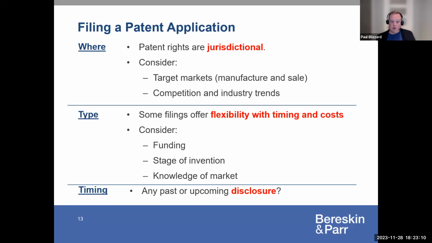If you are planning an upcoming disclosure, that's the best time to file a patent application. Once you file a patent application, your own disclosure of the contents of the application is not a bar, but you can actually create prior art for yourself if you disclose something and then don't file a patent application.